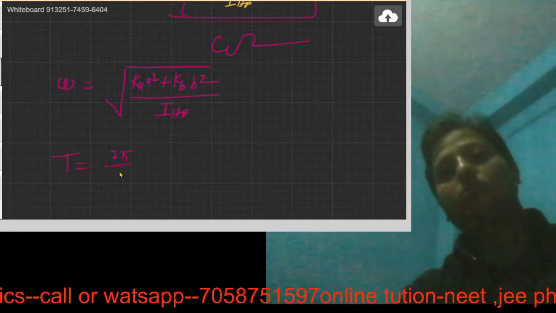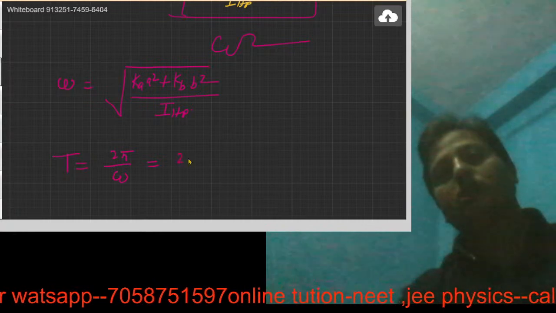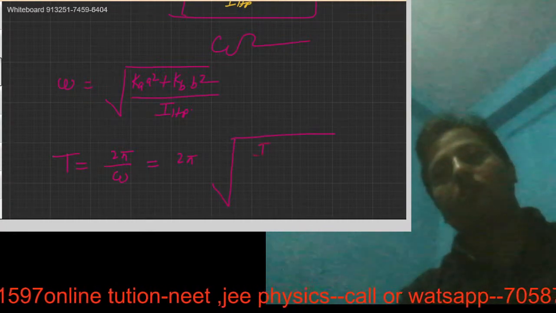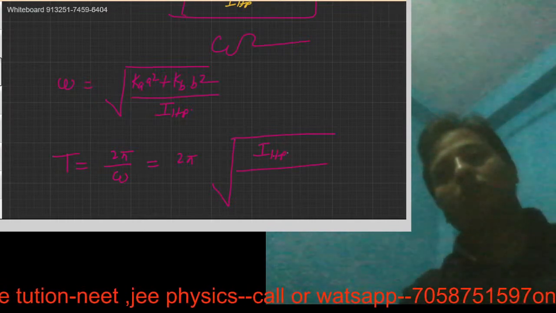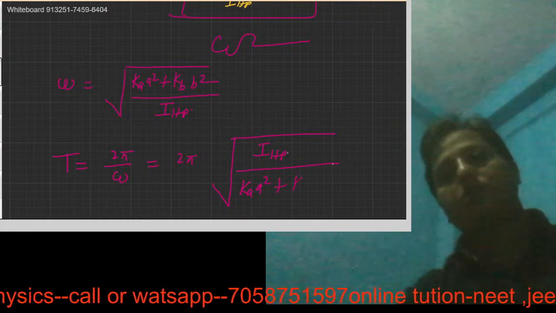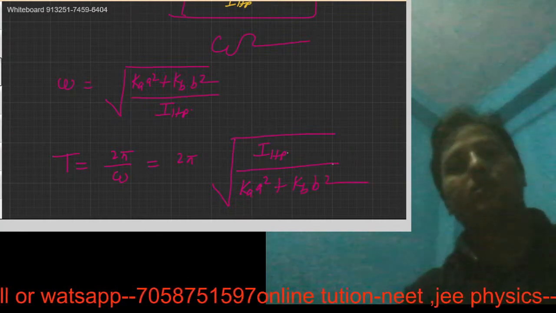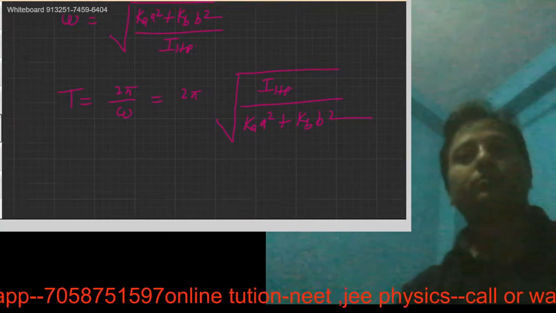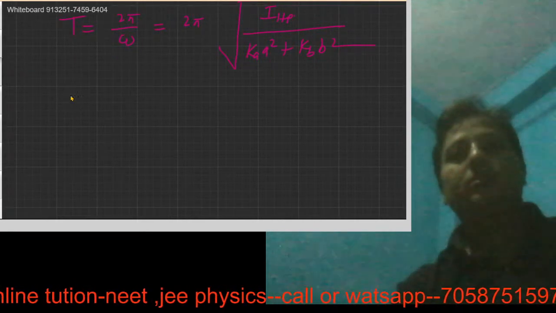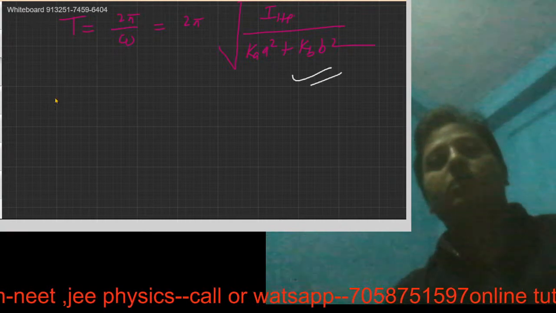The time period is 2 pi by omega, which equals 2 pi times the square root of I about the hinge point divided by Ka into A square plus Kb into B square. So this is the required result.